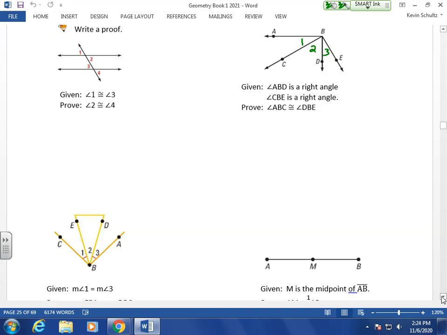But again, we're just learning the basics, so we're going to keep it as simple as possible. So essentially, what we're looking to do here, angle ABC is angle 1, DBE is angle 3. We're looking to prove that angle 1 is congruent to angle 3. Is that easier to see than the letters? Yeah. Okay? So let's make your statement and reason chart.